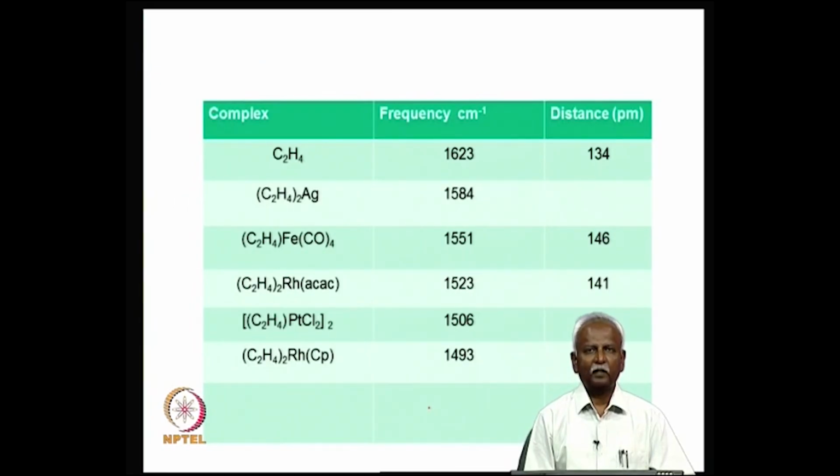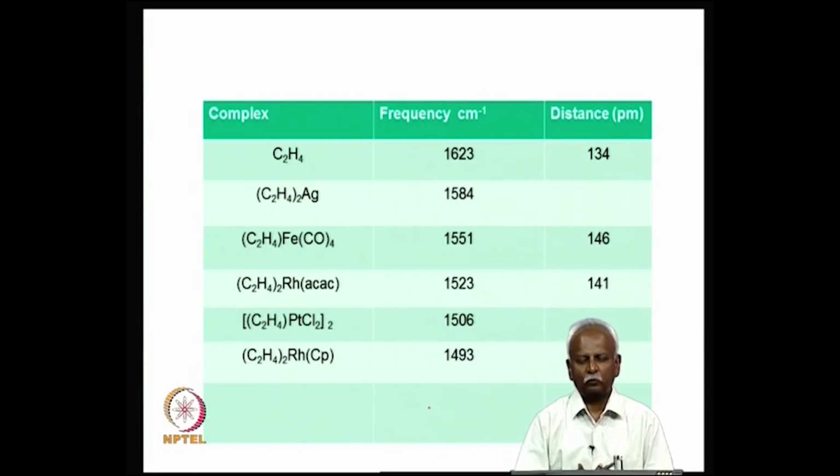Now, let us take a look at the frequencies of metal olefin complexes, because this is also interesting. As I mentioned, the free olefin is 1.34 angstroms or 134 picometers. When it is bonded to a metal, then the bond distance increases and the frequency decreases.